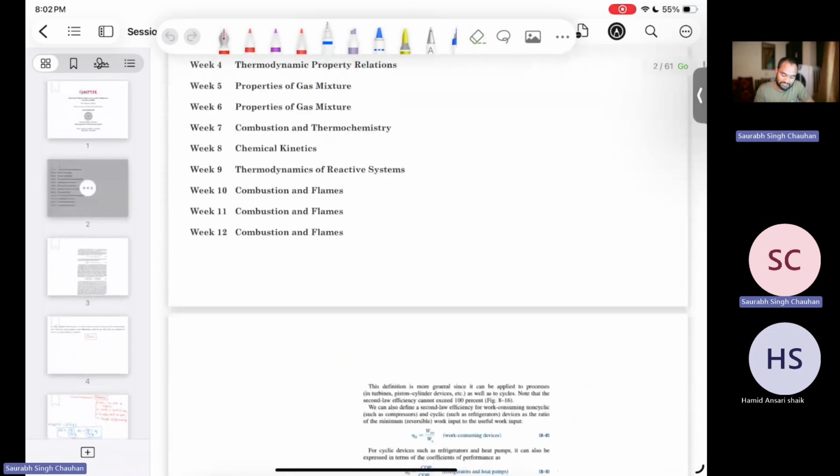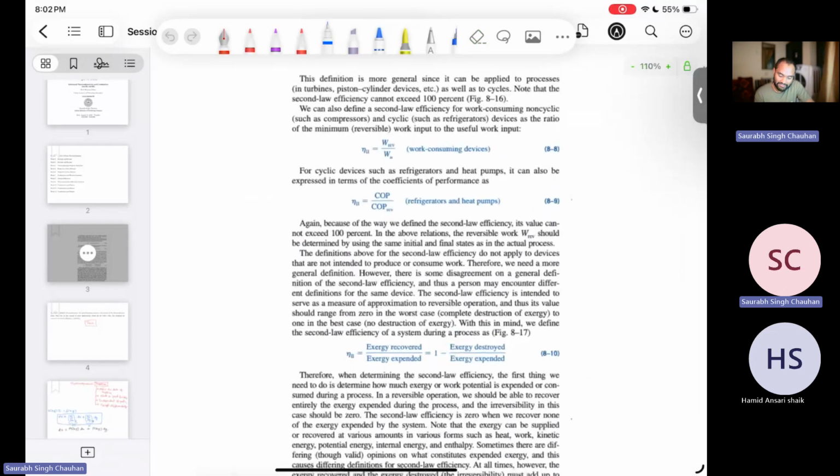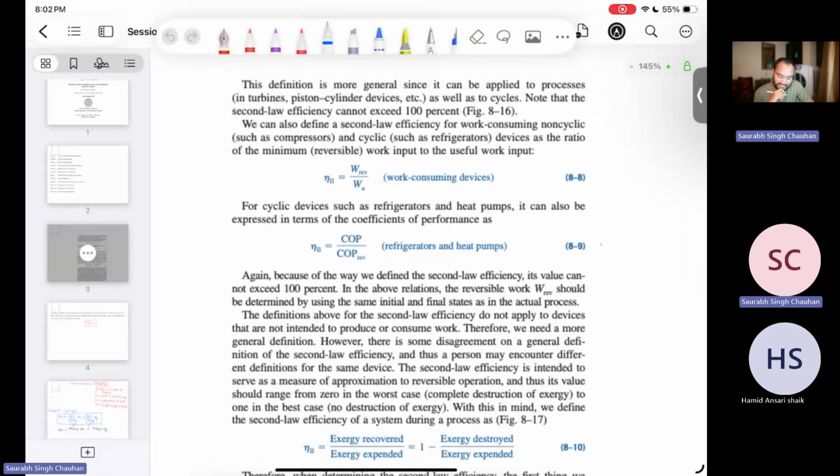In the previous session, someone had a doubt about the second law efficiency, and even I had some doubt. Yes, sir, because in the lecture it was explained something else, and we solved our questions using some other concept, and we said that probably in the lecture some other definition might have been used.